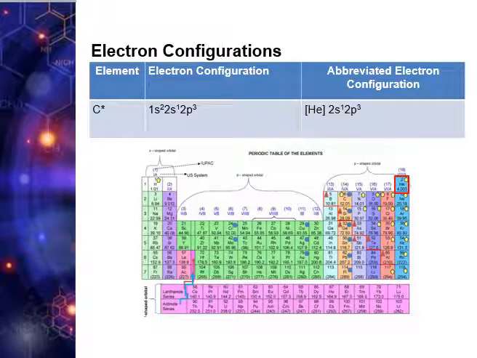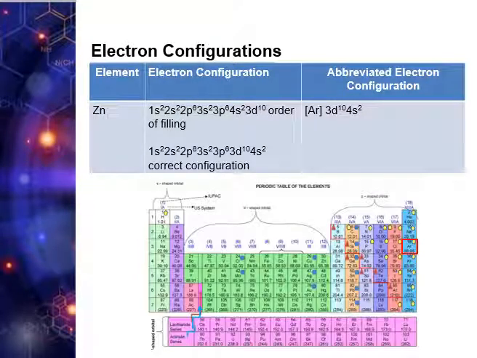Let's look at the abbreviated electron configuration for carbon. Remember, carbon is an exception. Instead of being 1s2, 2s2, 2p2, it takes 1 from the s and gives to the p, so it's 1s2, 2s1, 2p3. You select the noble gas that does not go past carbon. The closest one to it is helium. You put helium in brackets, 2s1, 2p3.